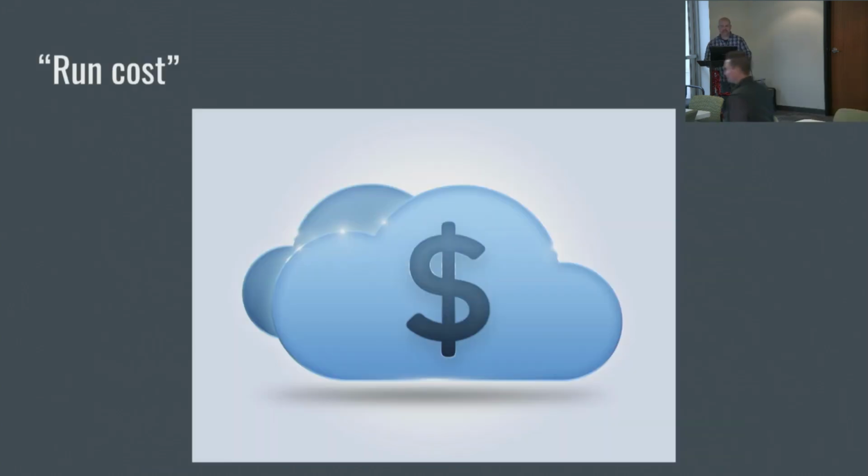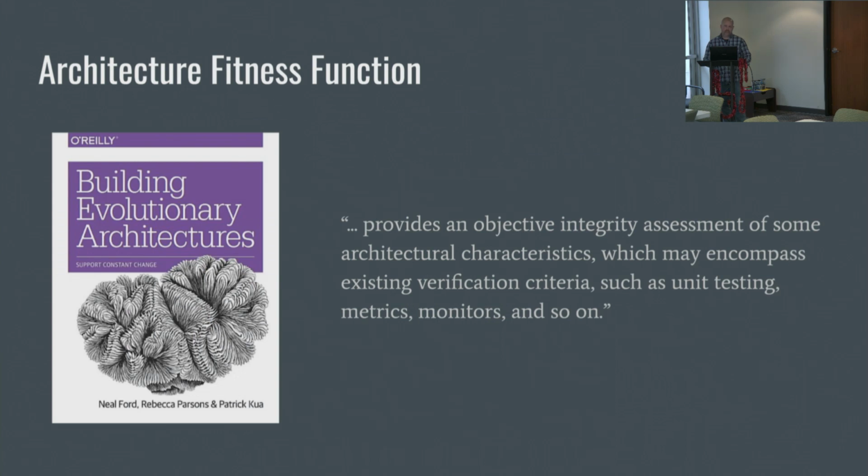So run cost is basically the cost to run your infrastructure. So in this case, a cloud. So your budget to run a particular application or a suite of apps. Architecture fitness function is borrowed from evolutionary architectures in this book right here.